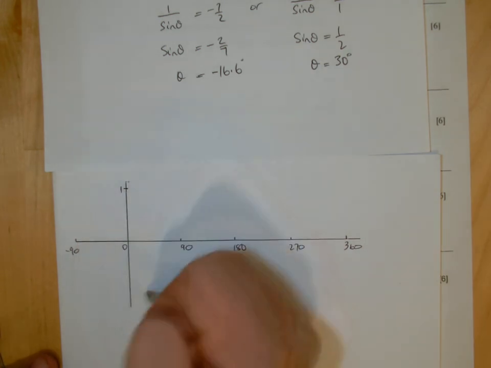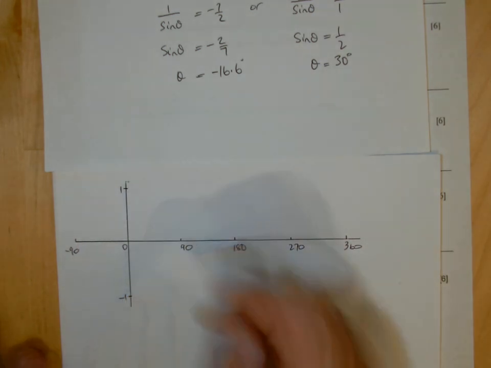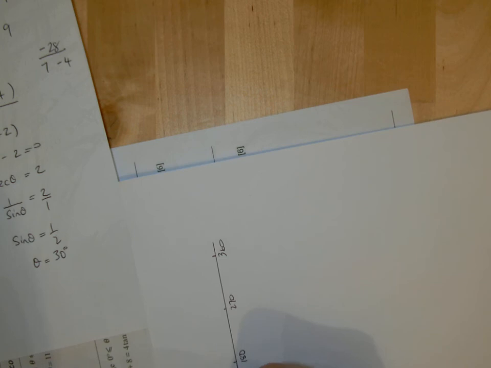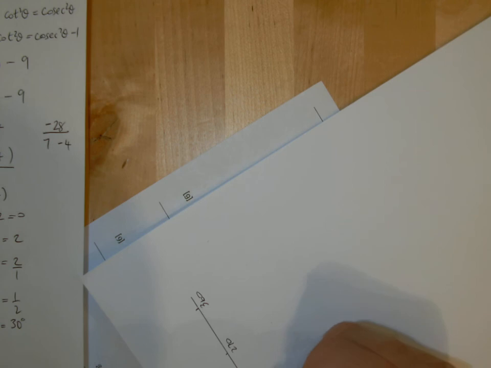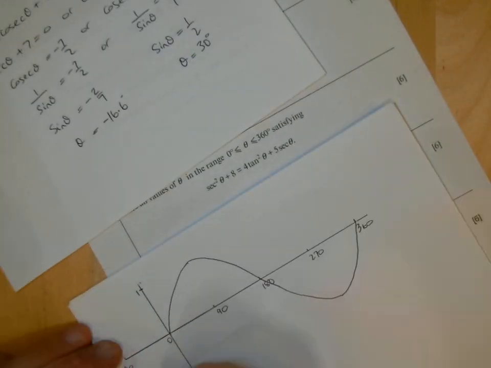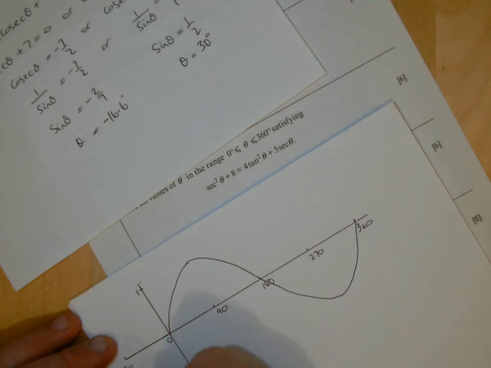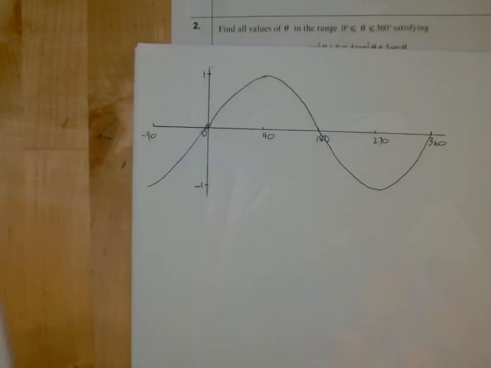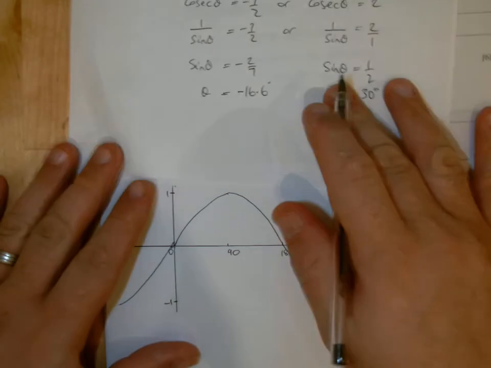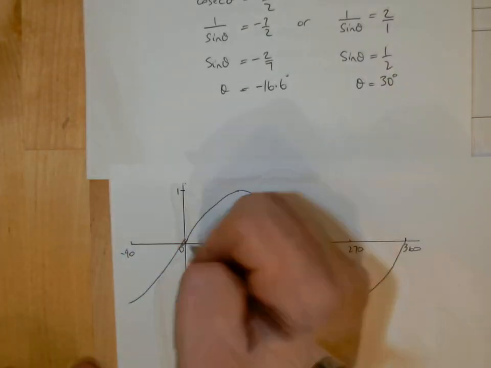So an upper limit of 1, lower limit of minus 1. Okay, so what have we got, our results here? We've got minus 16.6, which is about there.